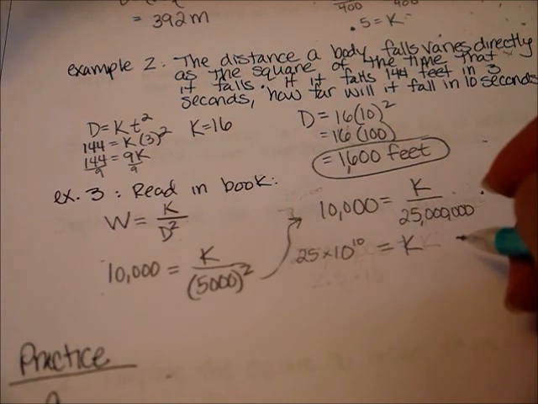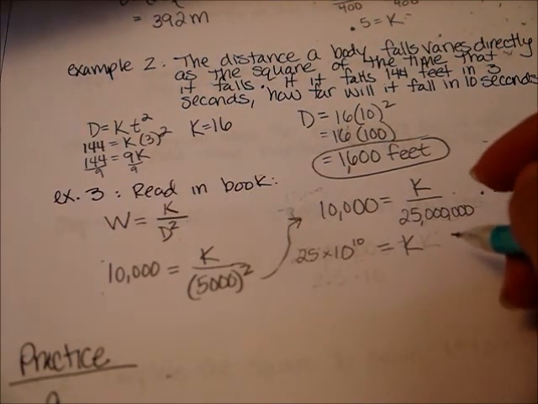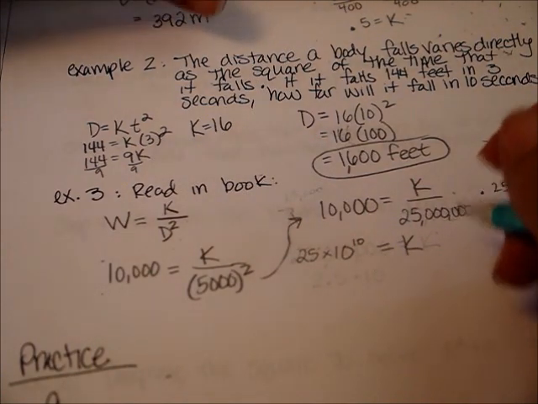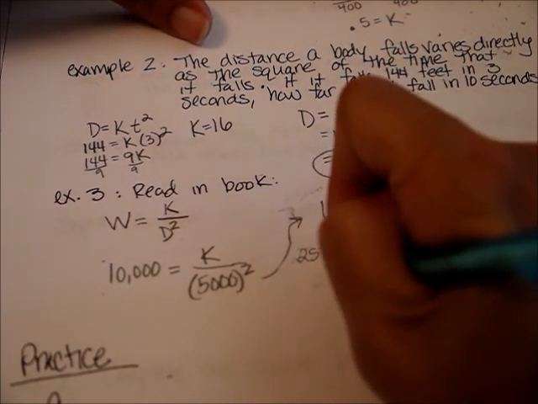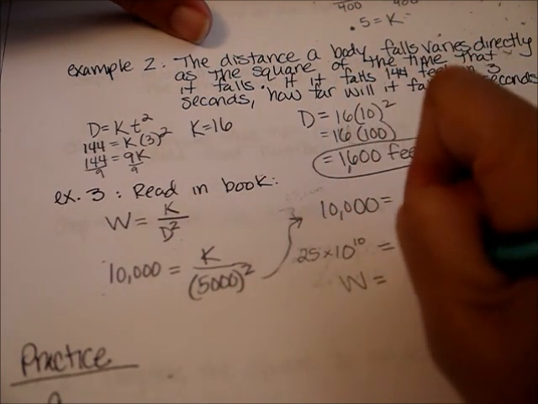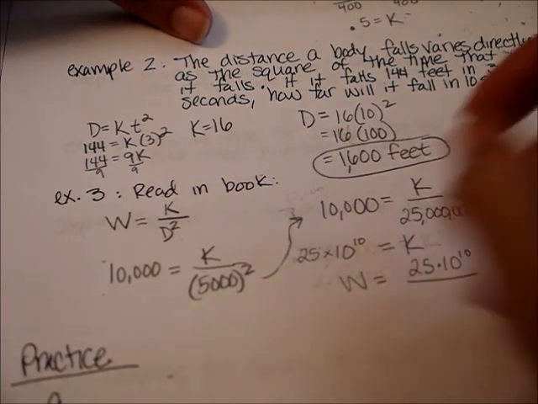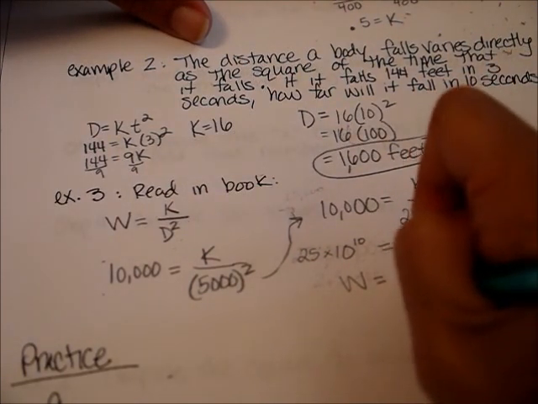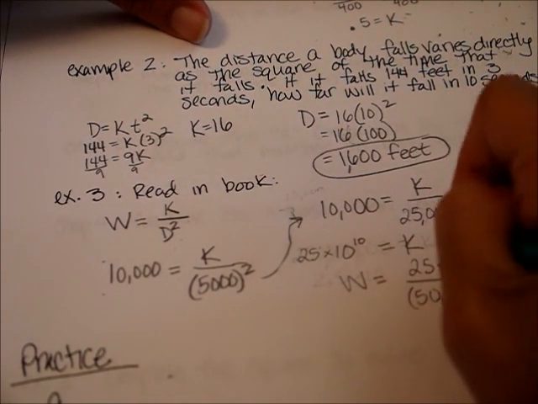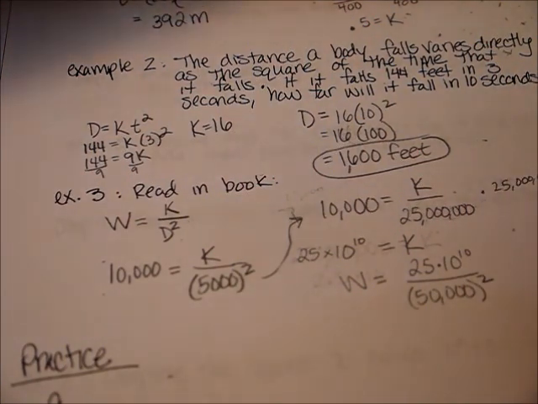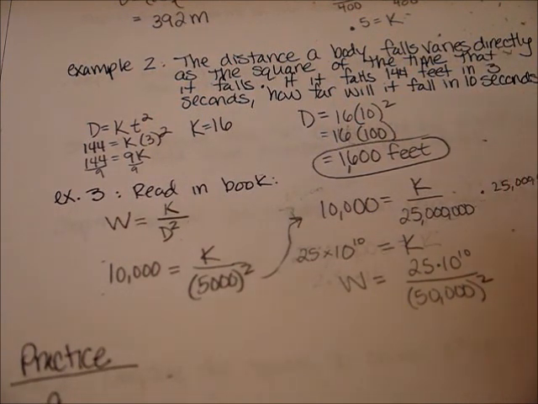And now finish the rest of the sentence. It says, how much would it weigh 50,000 miles from the center of the Earth? So now we're looking at weight equals k over 50,000 miles squared. So that's going to be a big one, right? Well, kind of, these are going to reduce.